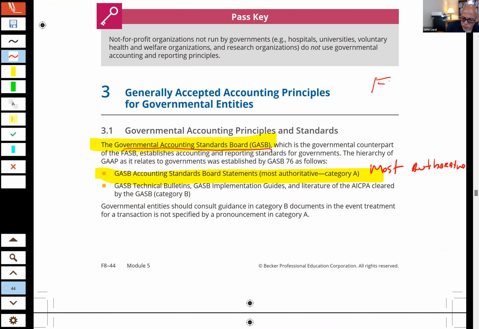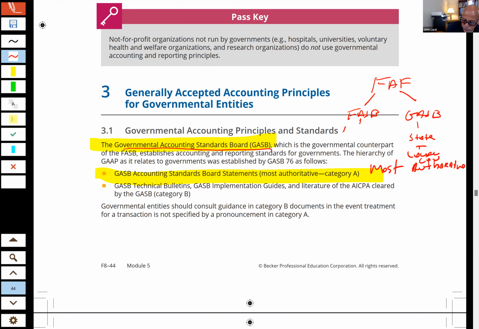What you have is the Financial Accounting Foundation, okay? And the Financial Accounting Foundation is the entity, a not-for-profit entity, that holds the FASB and the GASB. GASB is state and local government.